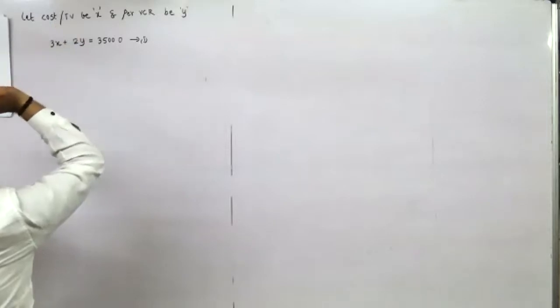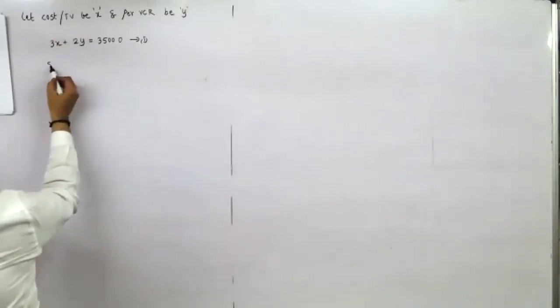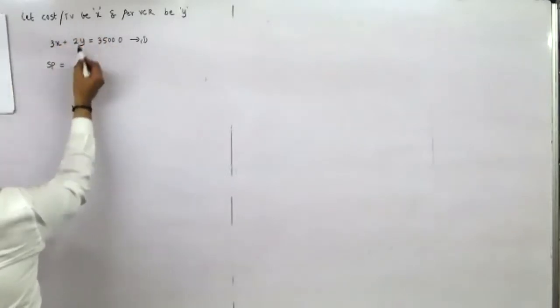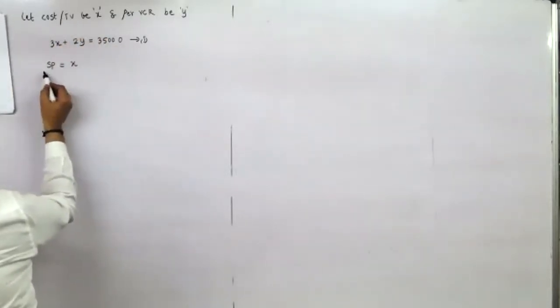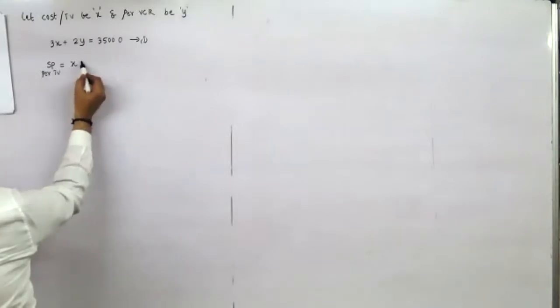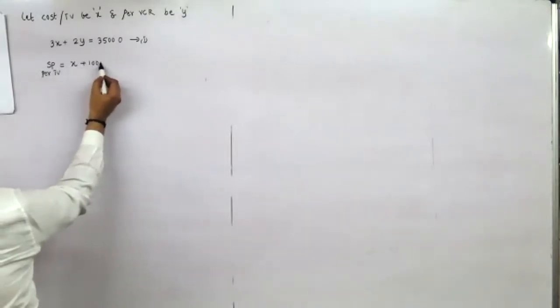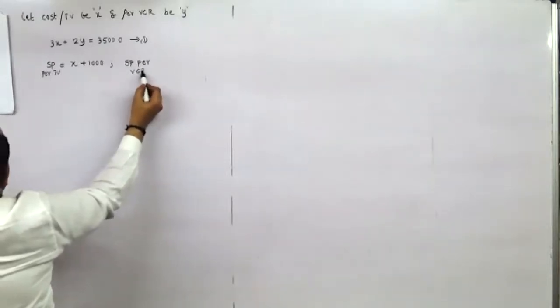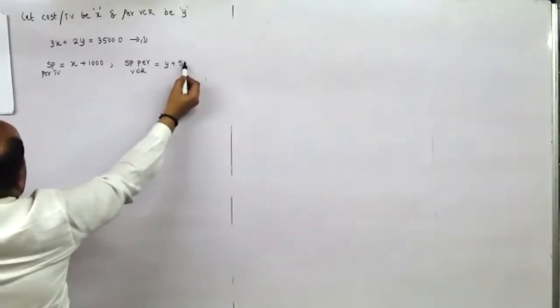Now selling price: he wants a profit of 1000 per TV. So selling price per TV would be X plus 1000, and selling price per VCR would be Y plus 500.